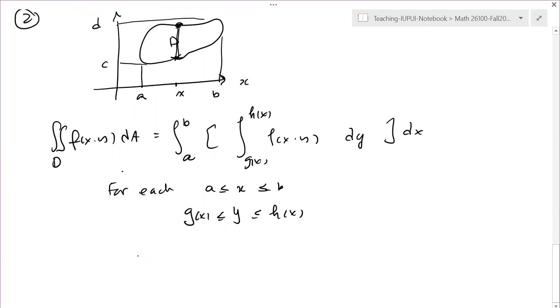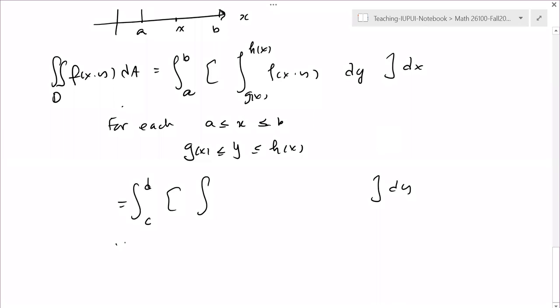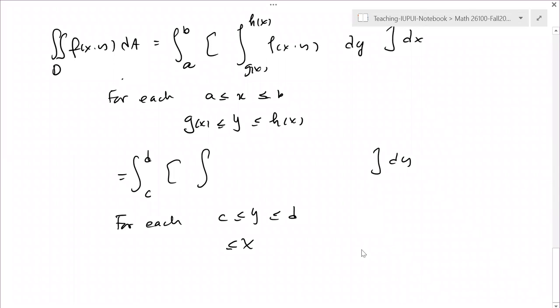Now, if you want to use the y variable first, then for an arbitrary y between C and D, this will be dy. Then you have to draw a horizontal line. This horizontal line gives you the range for the x variable. For each y between C and D, you have to figure out the x variable, which depends on y.